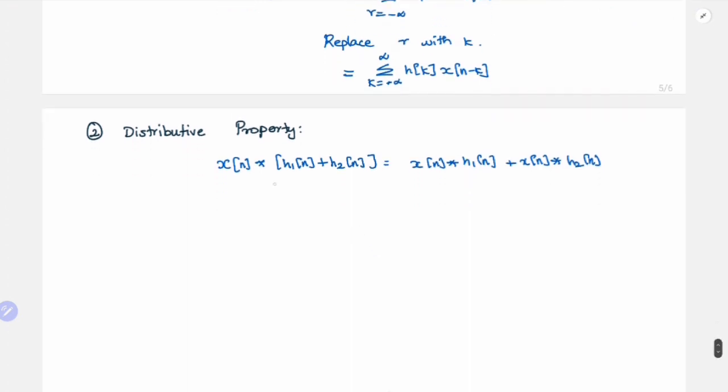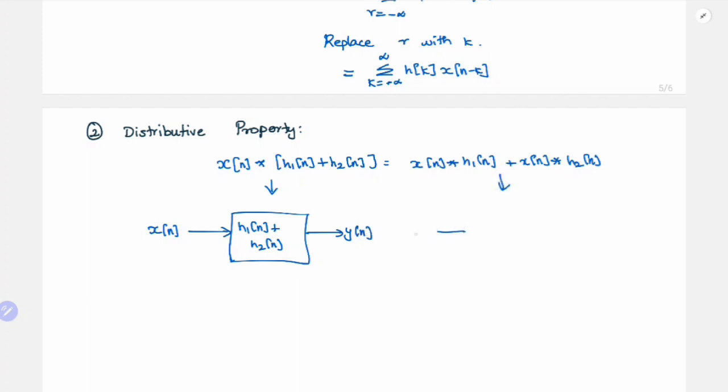If you want to visualize it in terms of systems, this is x of n passing through h1 of n plus h2 of n, and you're getting some y of n. And this is nothing but taking x of n and passing it through two systems, one is h1 of n, the other is h2 of n. These are LTI systems, and h1 of n, h2 of n are the impulse responses of these systems. Then finally you're adding both and getting y of n. So it states that both these are equal.